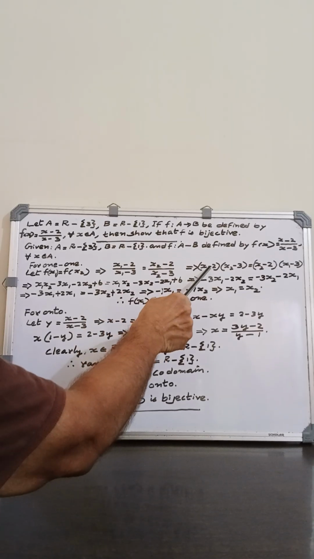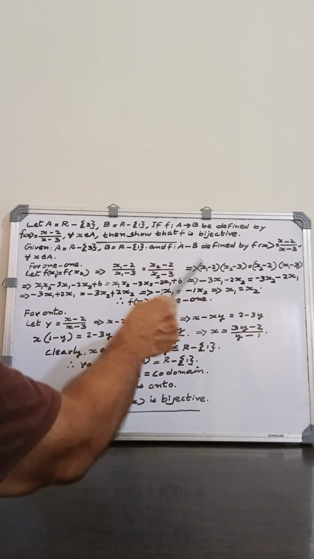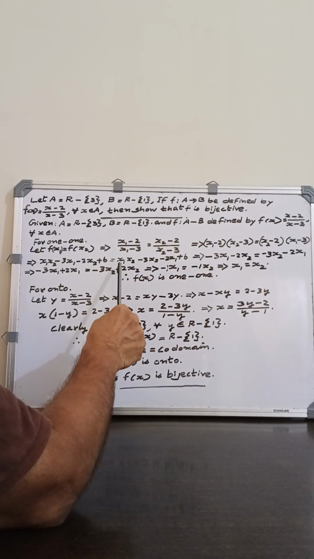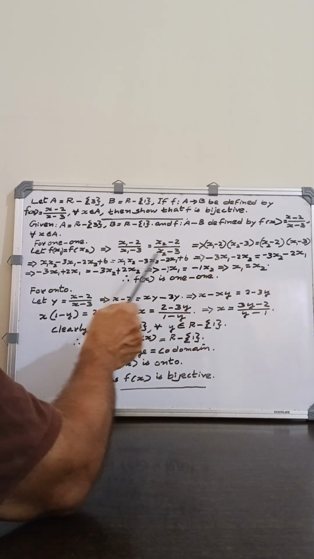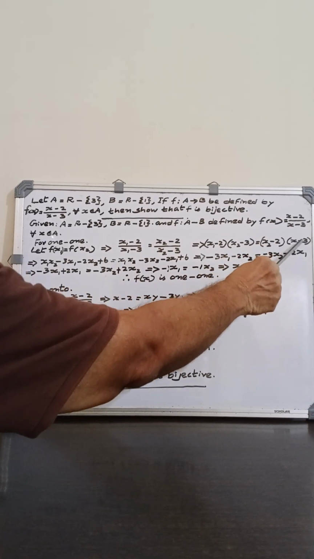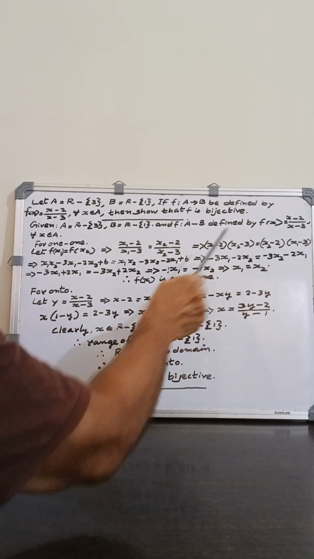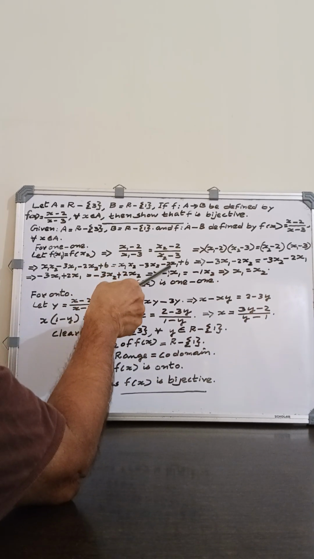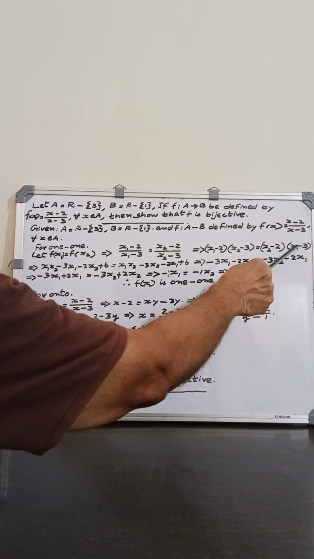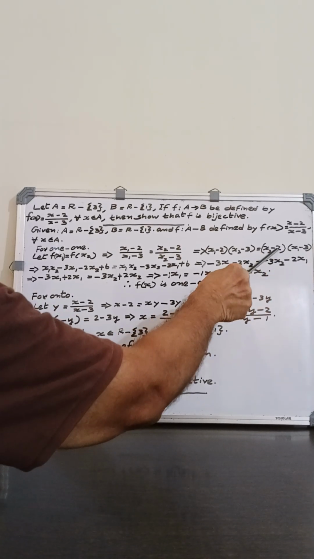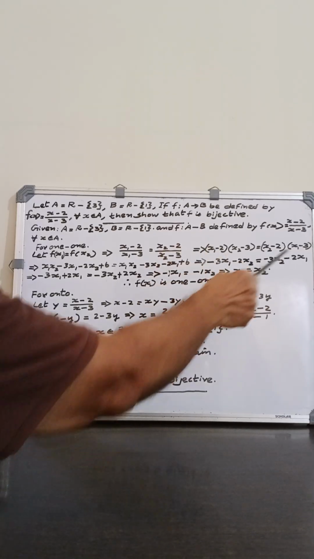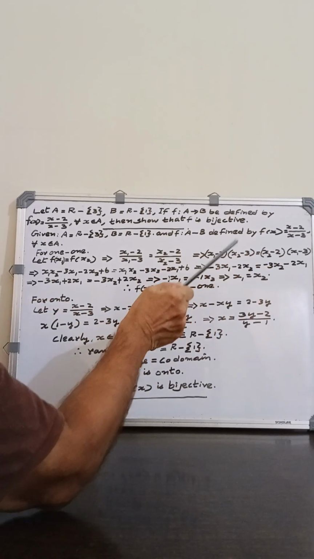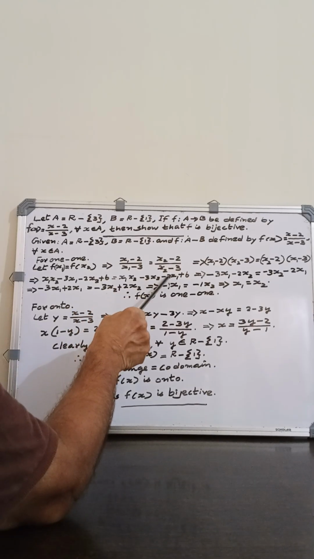By expanding the brackets, x1x2 − 3x1 − 2x2 + 6 equals x1x2 − 3x2 − 2x1 + 6.